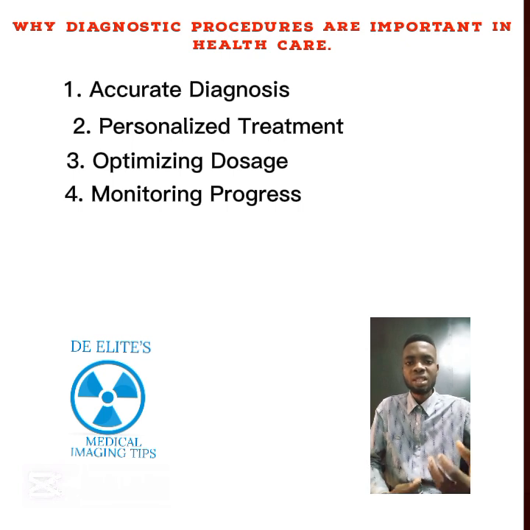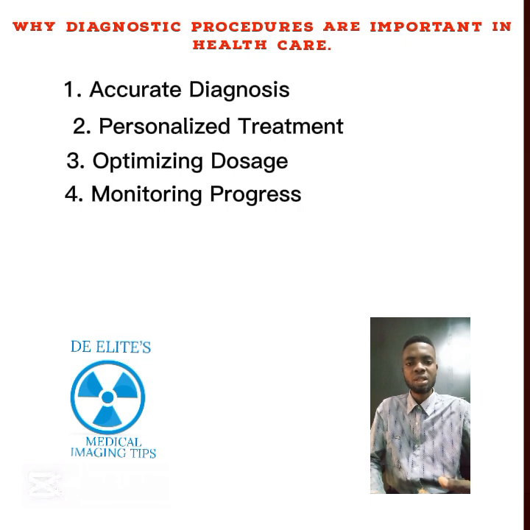Another one is monitoring progress. Let's say you went to do an MP test, that is a malaria parasite test, and you find out that you have 2 pluses. Now you start taking medications. After some time, you have to go back to undergo that test again. The second test will evaluate and monitor the progress of how you are getting relief from that parasite.